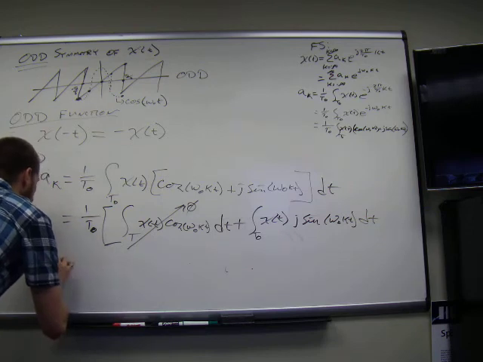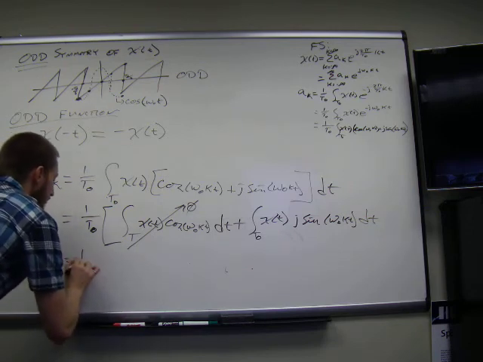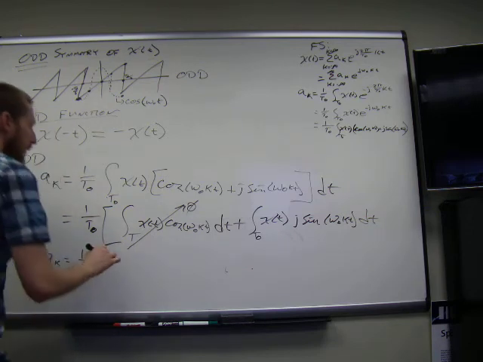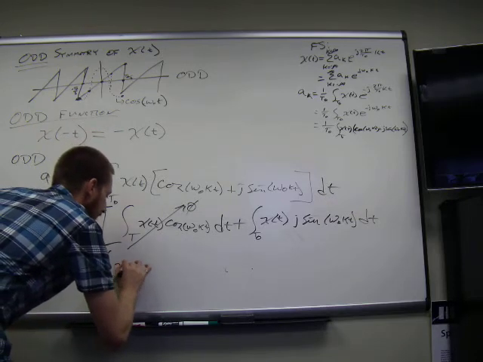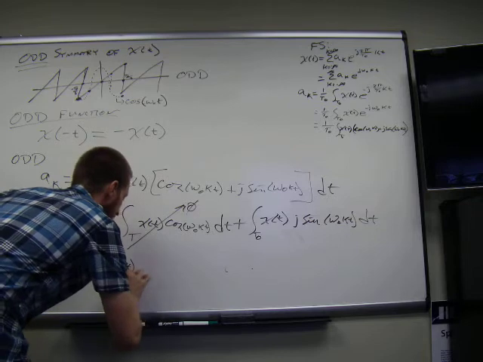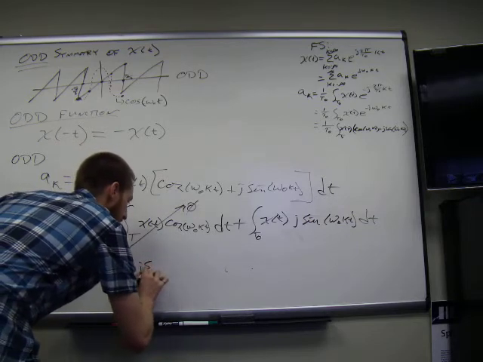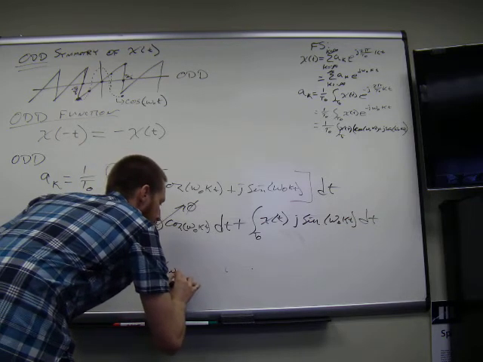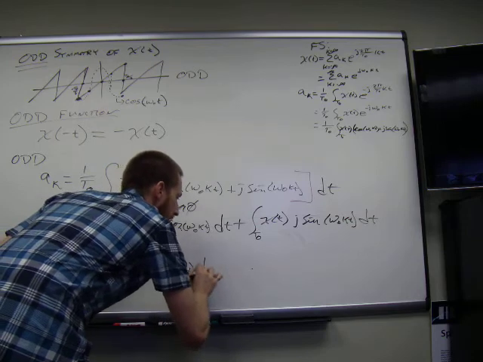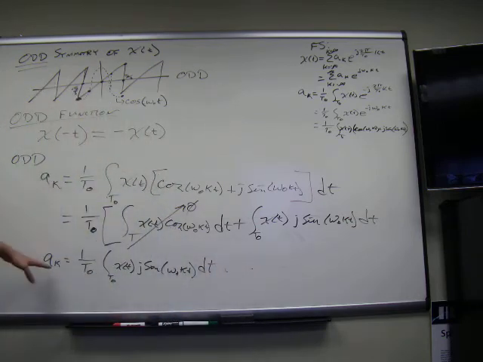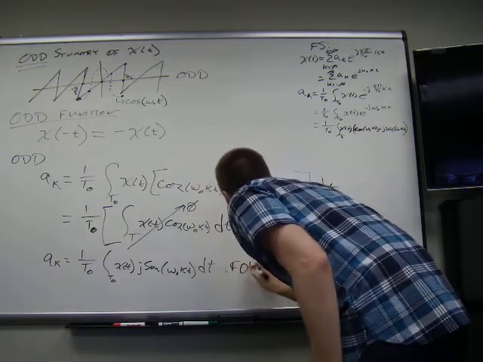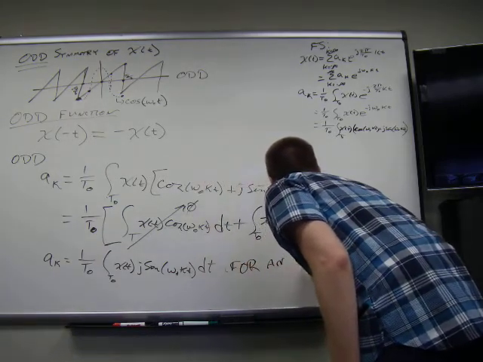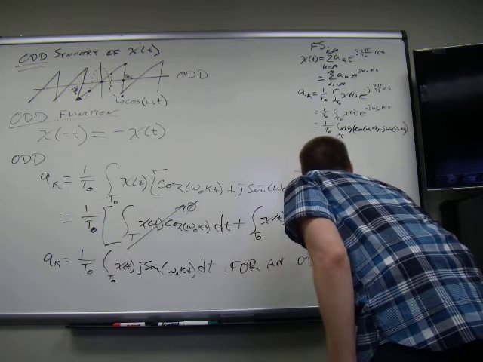Therefore, a of k is equal to 1 over t naught times the integral over t naught of x of t times j sine of omega naught kt dt for an odd x of t.